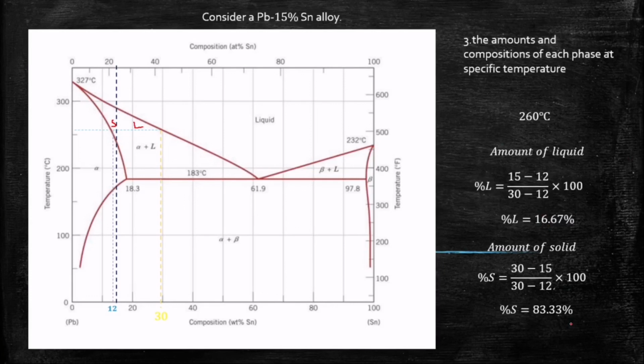Now, note that when the temperature given to you is in a single phase, the amount of that phase is 100%. For example, for only liquid, the amount of this phase is what? 100%.